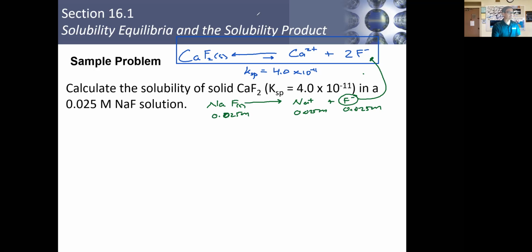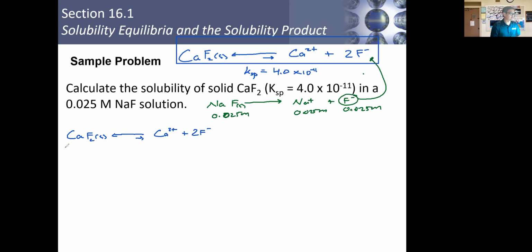Let's start out by calculating the concentration of the calcium fluoride without the common ion. So it's Ca 2 plus and 2F minus.